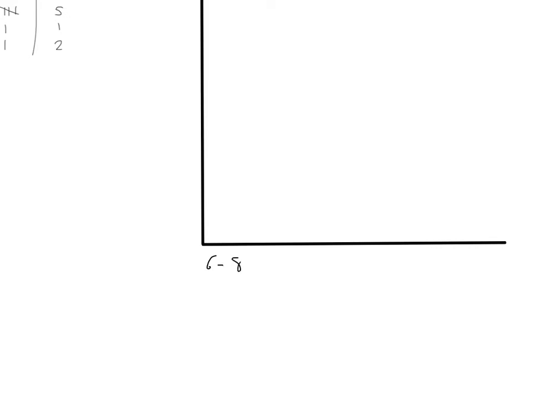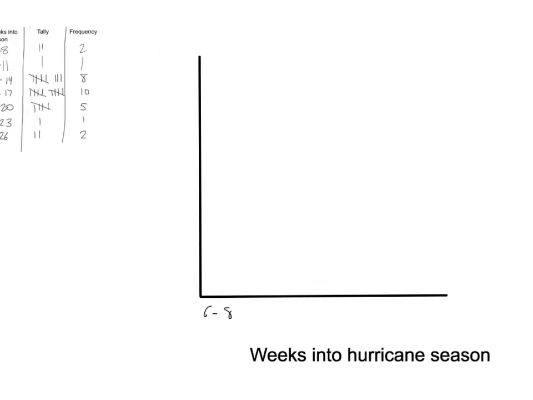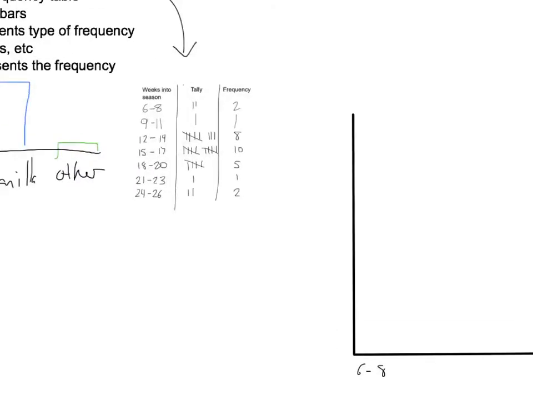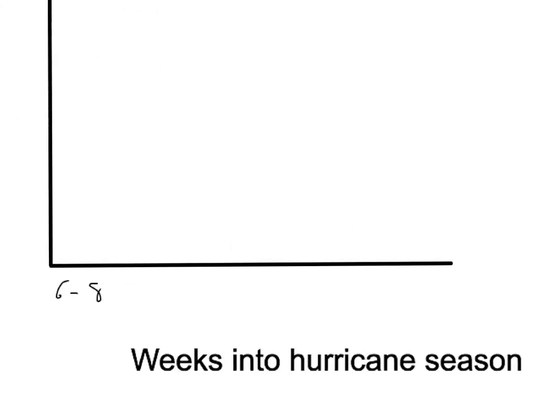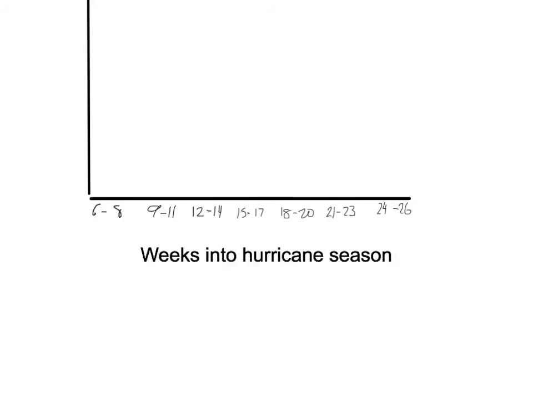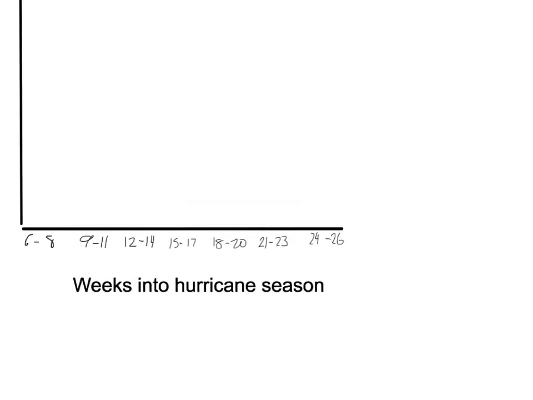And now my label down here is going to be weeks into hurricane season. Like that, okay? And then after 6 to 8, we would have 9 to 11, so then we write 9 to 11. And then after that would come the 12 to 14, and so on and so forth until you get this. All right, so it should look like this.